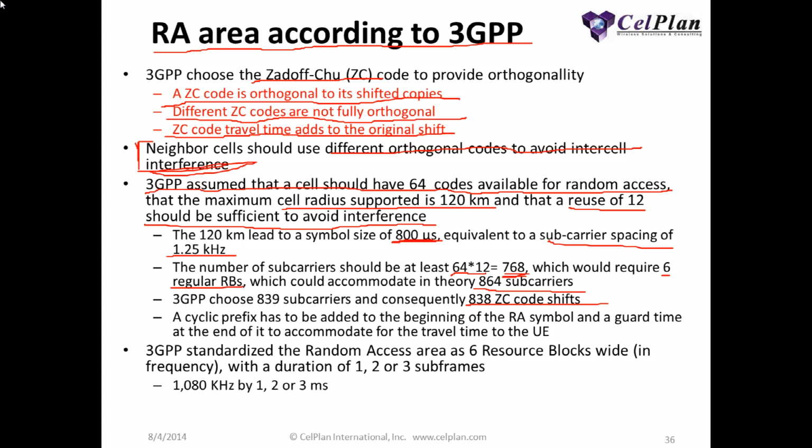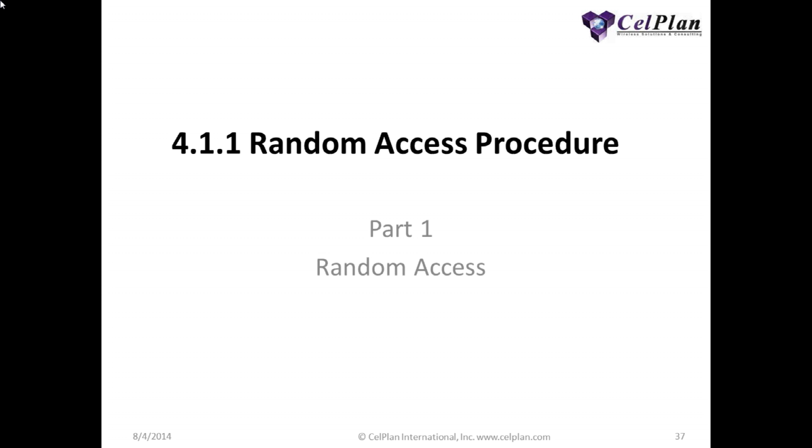And of course, we add a cyclic prefix and a guard time to the beginning and to the end, as we already said. And it allowed the use of 1, 2, or 3 subframes. So we have appropriate margins of guard times to accommodate the 120 kilometers maximum.